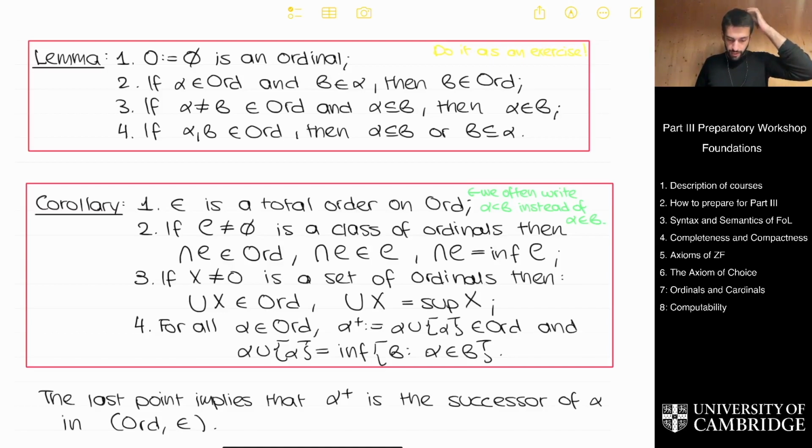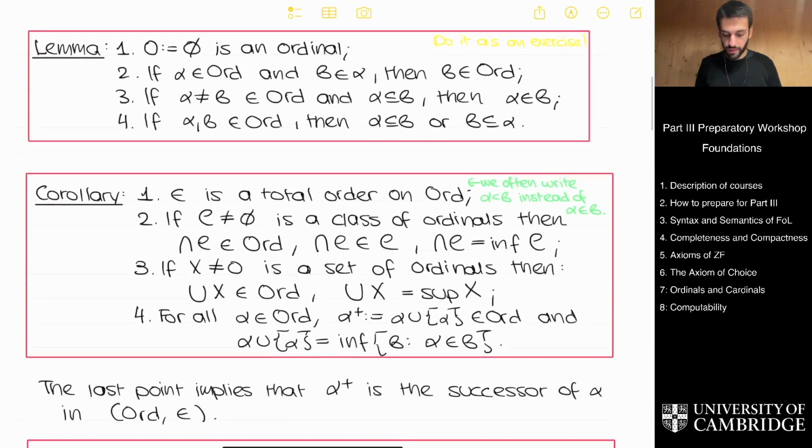The second corollary to the above is that if you take a non-empty class of ordinals, then the intersection of all ordinals in this class is an ordinal. The intersection of this class is in fact a member of this class, and the intersection is in fact the infimum of the class under this epsilon order.